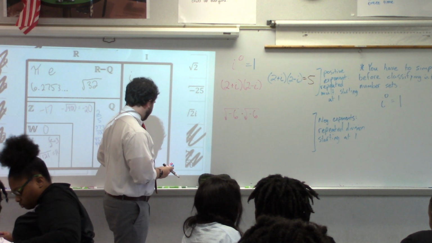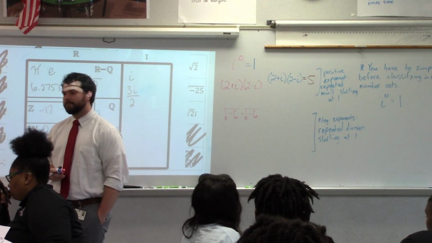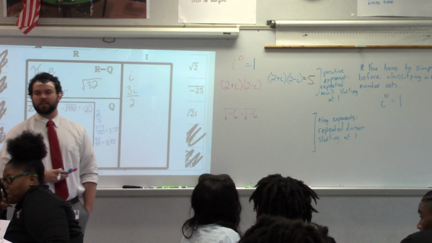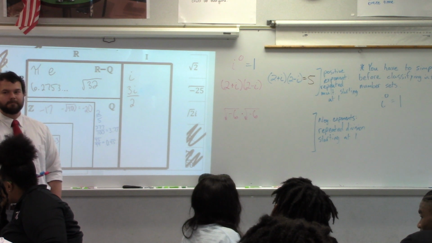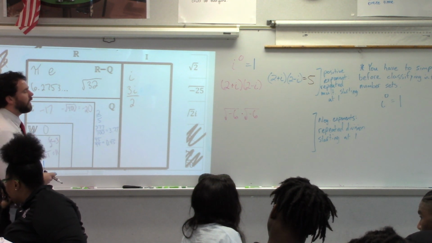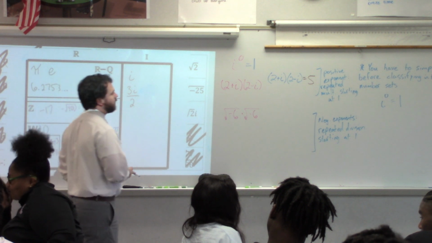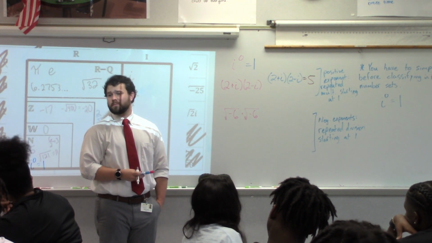So what should be the question you're asking right now? Anybody know the question we should be asking? How, right? How in the world does 2 plus i times 2 minus i equal 5? Anybody guess how I at least started to get there?